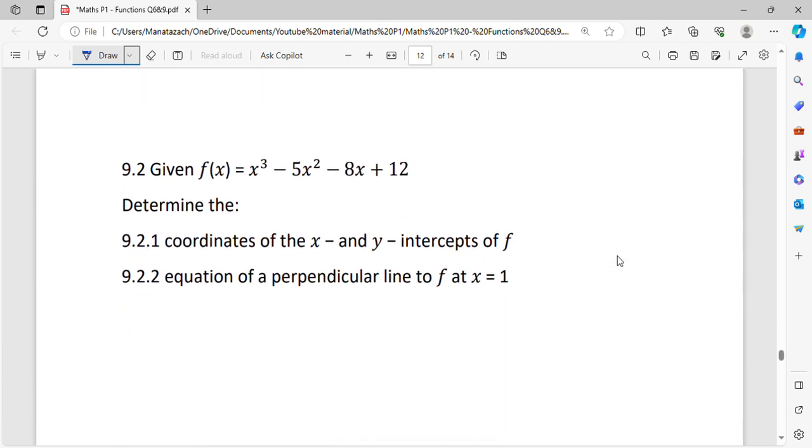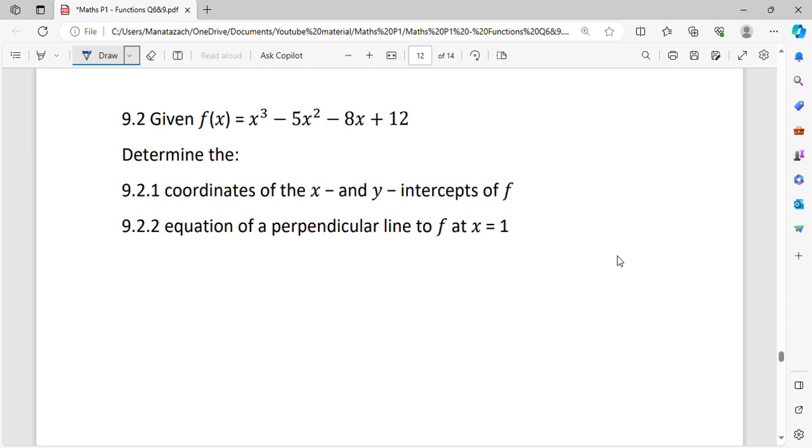Okay, then let's come to this part of the question. We are given the function f of x. The first question is determine the coordinates of the x and y intercepts for f, right? So let's write here 9.2.1. Let's start with the y-intercept. With the y-intercept, x is 0.